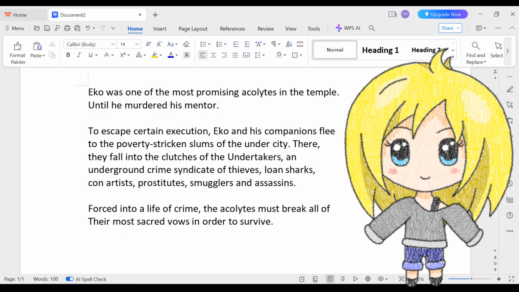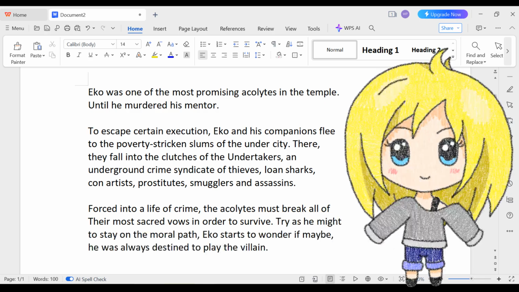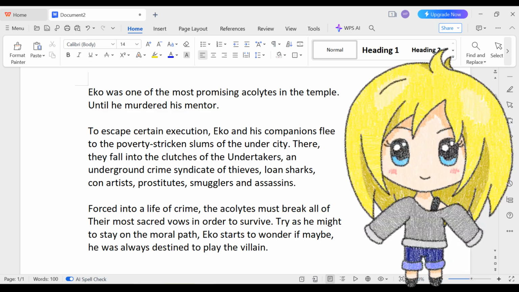Forced into a life of crime, the acolytes must break all of their most sacred vows in order to survive. Try as he might to stay on the moral path, Echo starts to wonder if maybe he was always destined to play the villain.